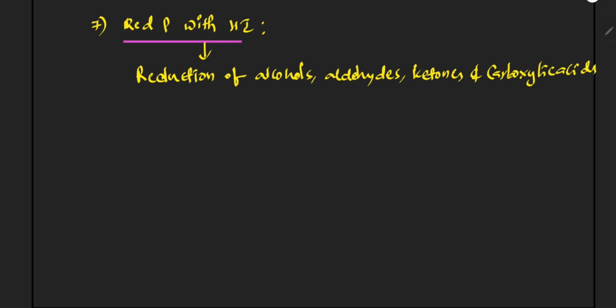Mainly the alcohols are converted to alkane in presence of hydrogen iodide with red phosphorus.